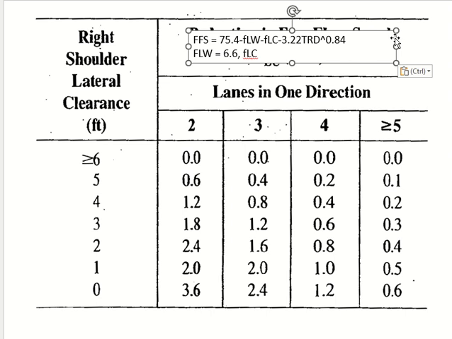So how many lanes? 2 lanes, okay? One direction. So the factor is 3.6. Okay, tell me the free flow speed. TRD is 5 given.